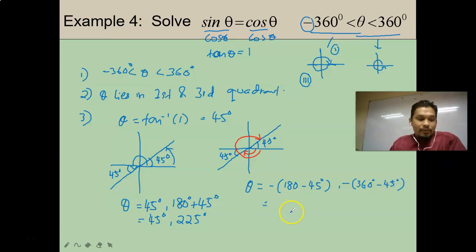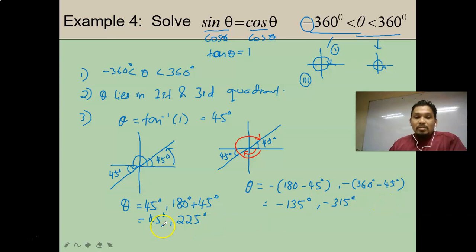This gives you negative 135 degrees and also negative 315 degrees.